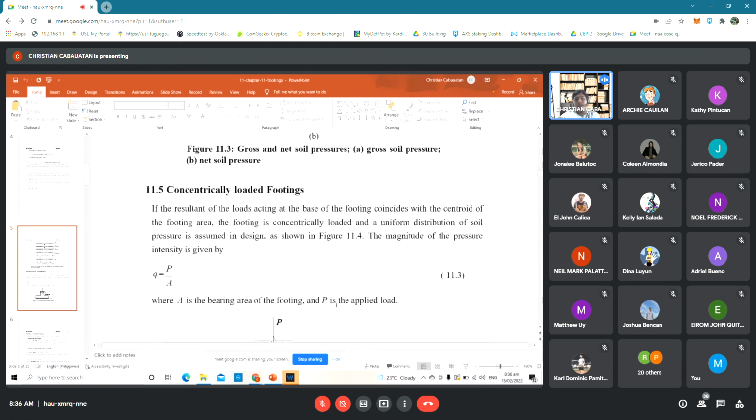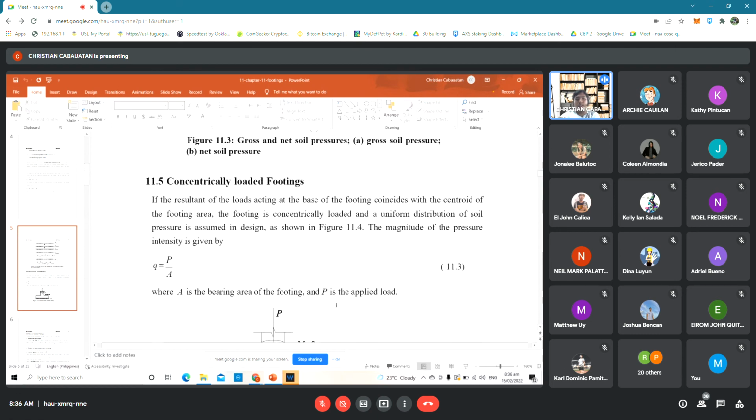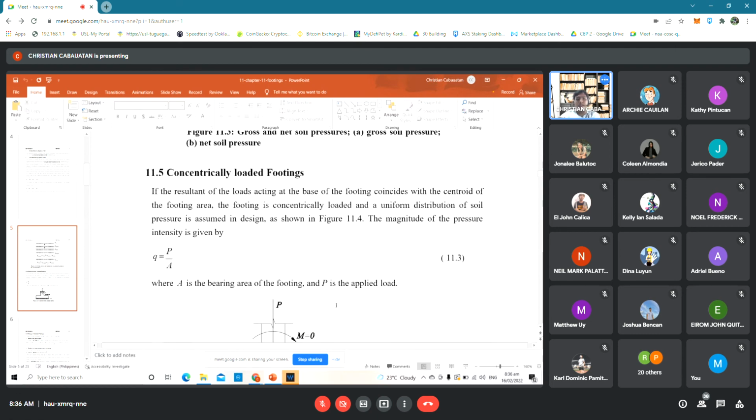The next one, the concentrically loaded footing. If the resultant of the loads acting at the base of the footing coincides with the centroid of the footing area, the footing is concentrically loaded and uniformly distributed soil pressure is assumed in the design. You can see it on this figure.